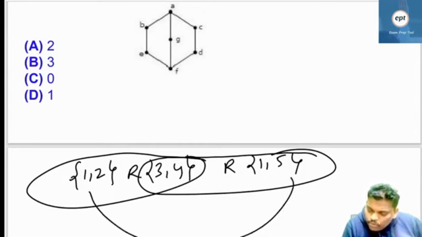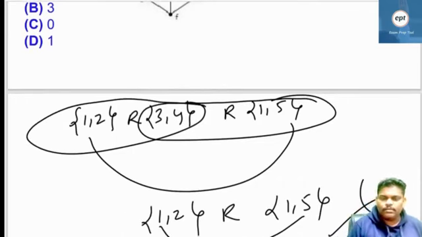It is wrong because 1 is common. So transitivity may not be satisfied.